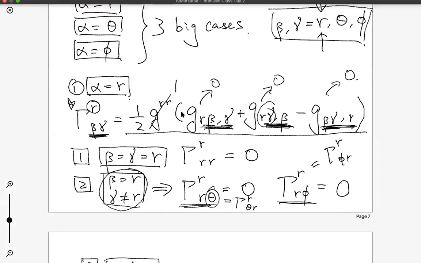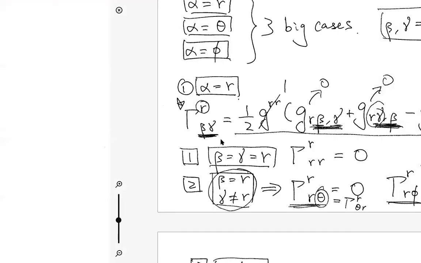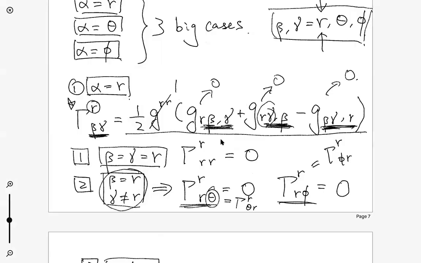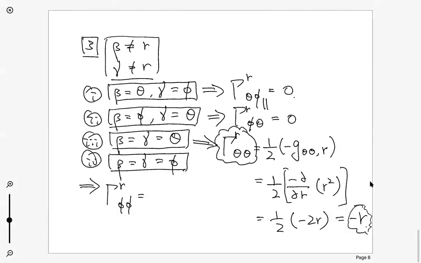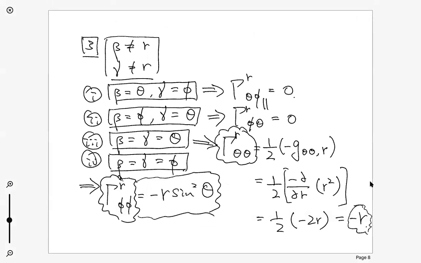Anybody? Is it 27 already? Winky said minus r sine squared theta. Okay, very good. This is actually the answer I have derived for myself. So this is the r phi phi component of the Christoffel symbols. I hope that you have obtained the same results.